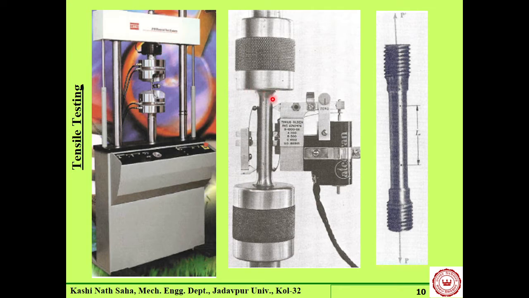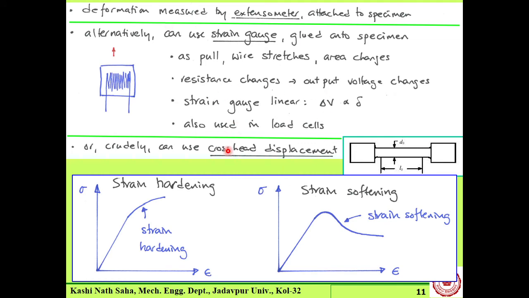If there is no slip between the grips, then the extension of the specimen is equal to the movement of this crossbar. So these are the measures for the displacement.